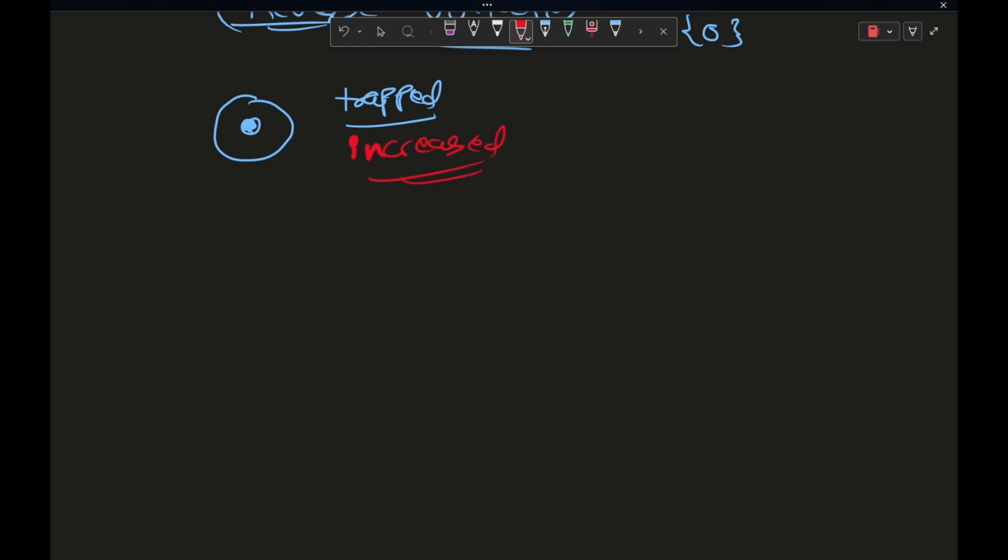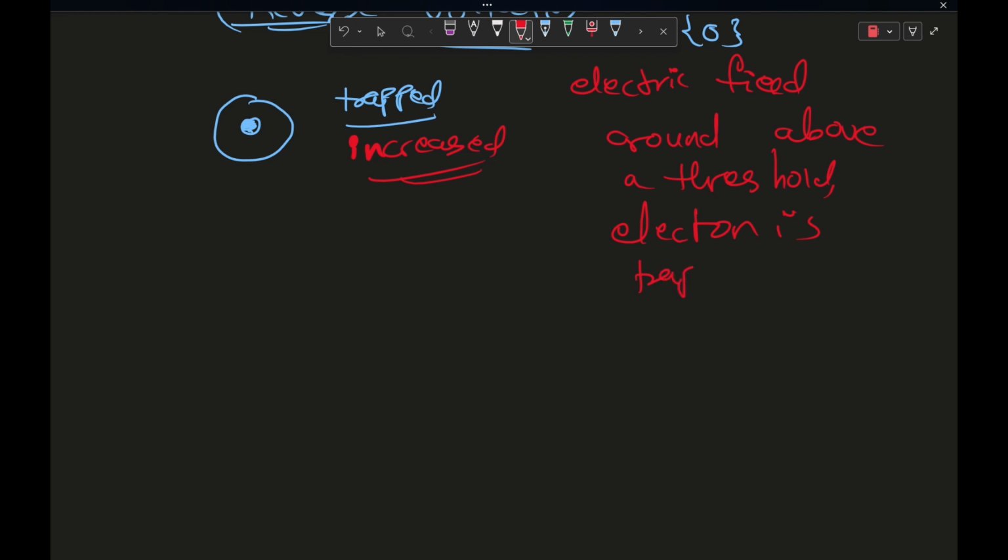So while reading the memory, it is checked whether there is a certain electric field around it above a decided threshold. It means an electron is trapped, and hence it is 1. Otherwise it is 0 if no electric field is there.